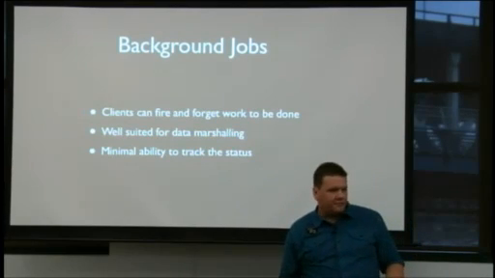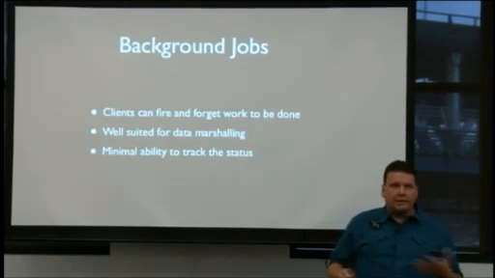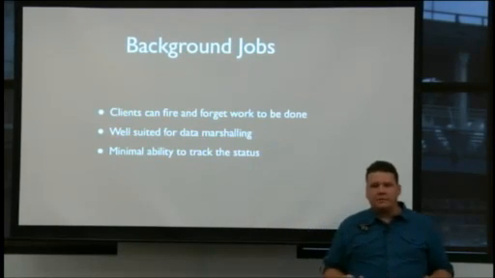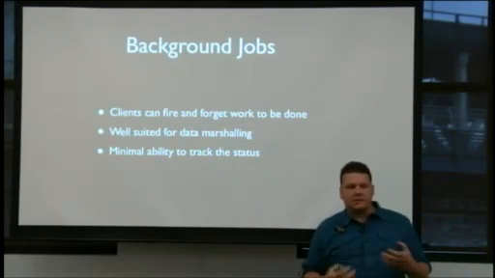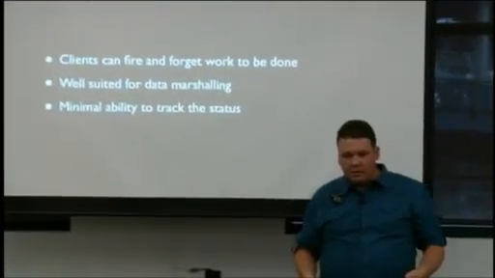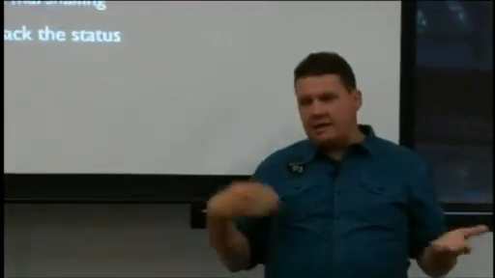The downside of background jobs is you don't really know what their status is. The way Gearman operates from a statistics and looking inside of it point of view, you only really know what's happening right now. So once a job's done, its ID is gone. You can't check on it after it's done.